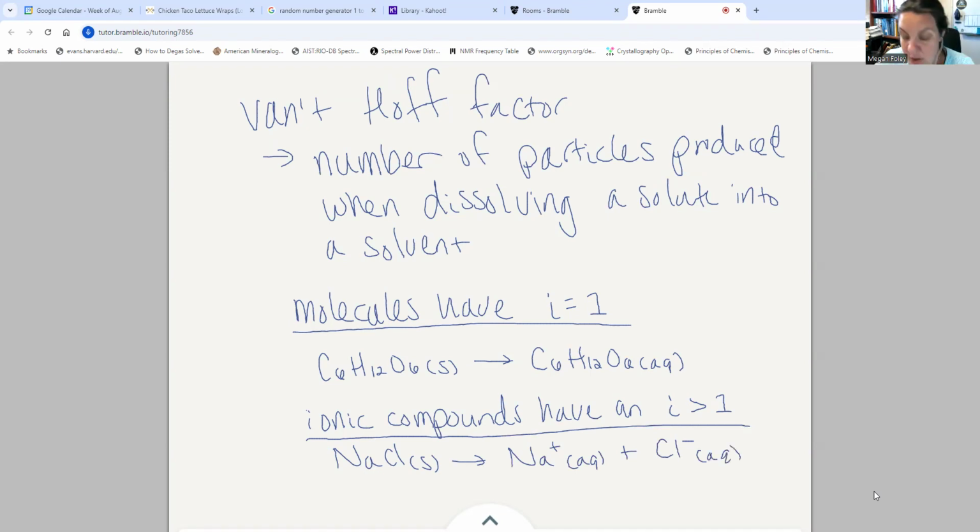So this would have an i equal to 2 because it's breaking down into two particles. So however many ions our ionic compounds break down into, that is what our i value will equal.